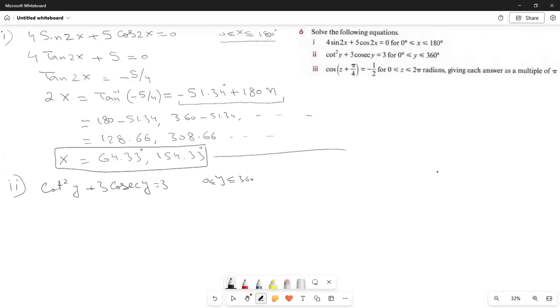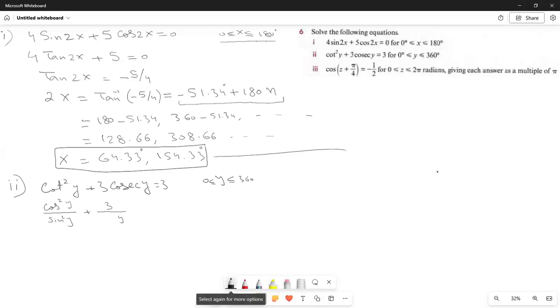Okay, so cotangent square y is cos square y over sine square y, plus 3, and cosecant is 1 over sine y. Sorry, I made a mistake here.